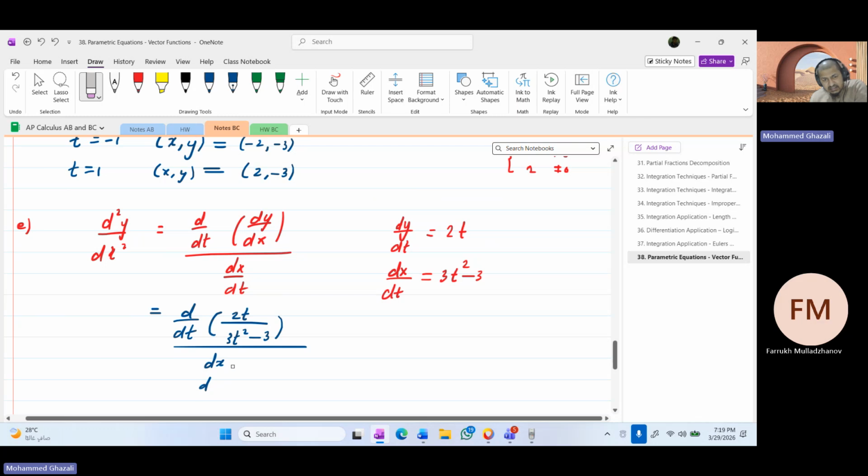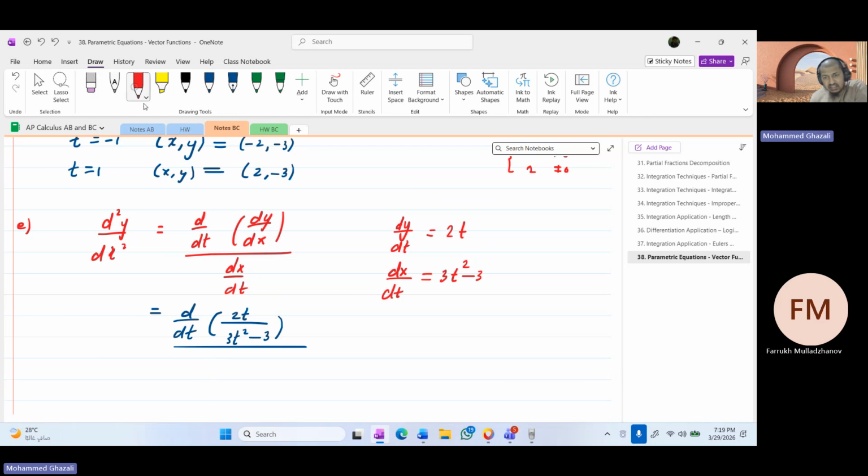And what is dx dt? Dx dt we already have. I'm just going to factor this out. Dx dt is 3 into t squared minus 1. I'm just substituting into this formula.